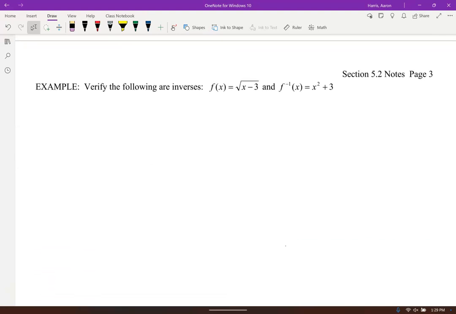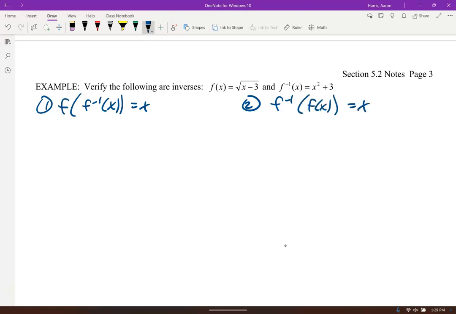Well, if f and f inverse are inverses, then number one, their composition, f of f inverse of x, must equal x. And number two, f inverse of f of x must also equal x. Let's go ahead and prove that. So f of, who's our inverse? Well, the inverse is x squared plus 3. f is square root of x minus 3.